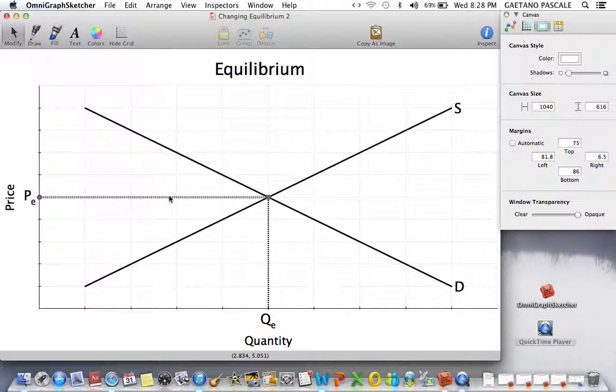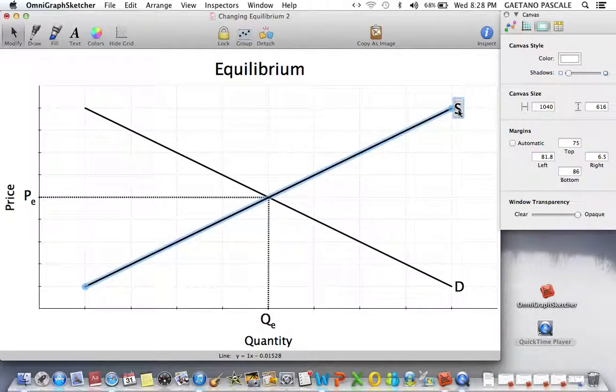That gives us the equilibrium price and the equilibrium quantity. And let me actually group those together so it'll be a little bit easier to see. So when I highlight it, here we are. There is our equilibrium price and quantity, where supply and demand intersect one another.